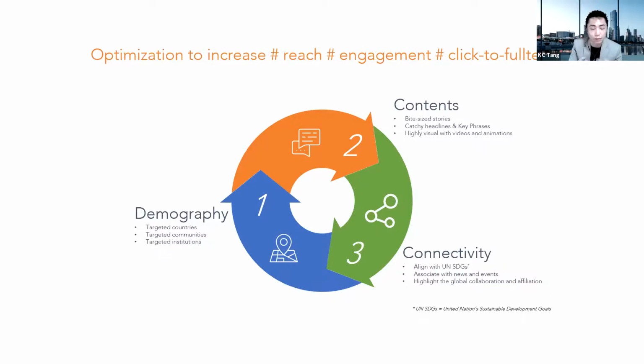So it will be easier for them to adopt it. And lastly, we could highlight the global collaboration affiliation as well. Like we mentioned, we do tag that this particular paper is published under this journal or Nature to improve the credibility as well.